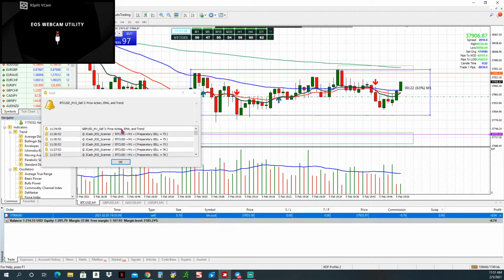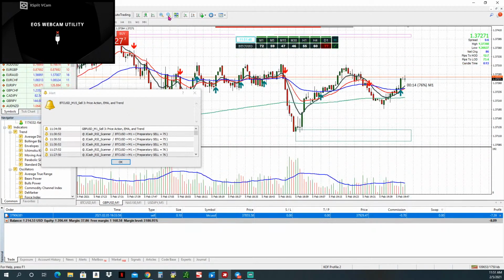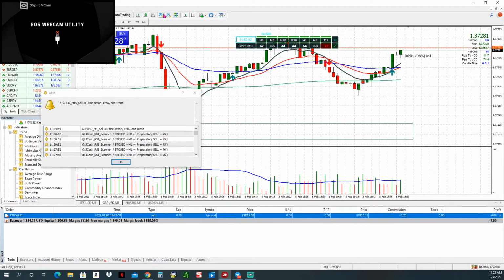So let's go look at GBP USD while we're waiting. Let's see what that's got going on. First thing I do is look to my left and see all this resistance. I see resistance here, resistance here. Will that be a sell? No. I would have said no. Let's look at this.